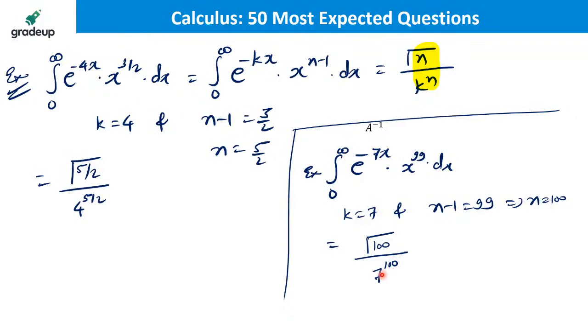So gamma 100 upon 7 raised to 100 will be the answer for this integration.